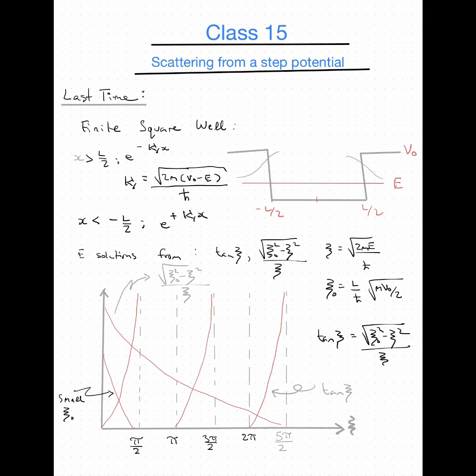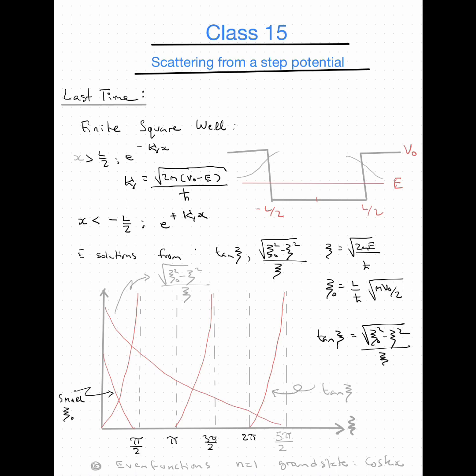And this particular solution was for even functions. For instance, for n equals 1, the ground state, you have cosine type functions. In the last class, we also did odd functions, which I won't review again right now.